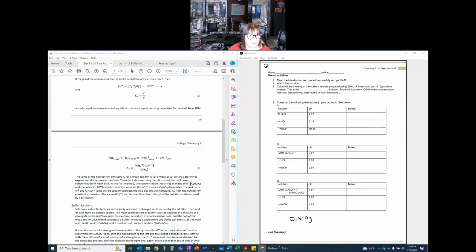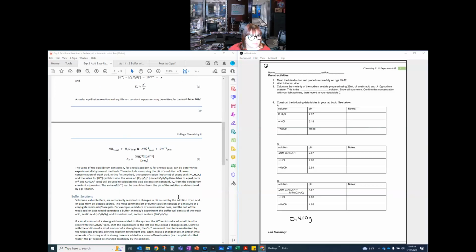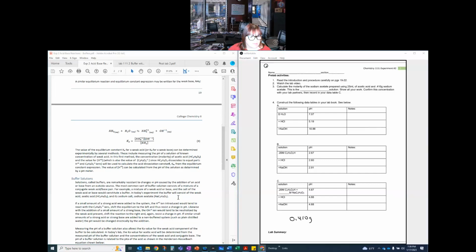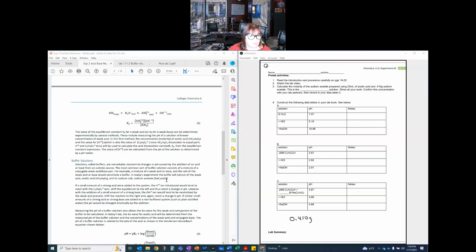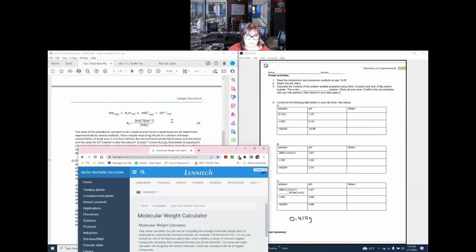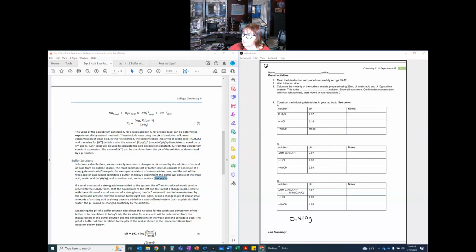Anyway, there is a typo somewhere because I know there's an extra thing in it. So we calculate the molecular weight for this, and I showed you that previously. NaC2H3O2 is my sodium acetate, and the molecular weight for that is 82.03.